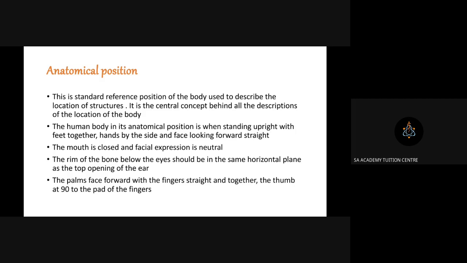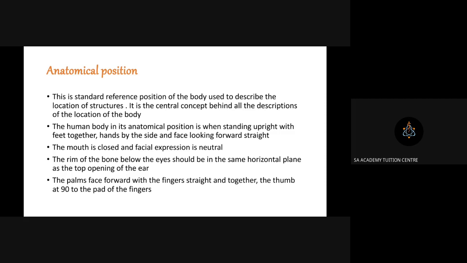The human body in its anatomical position is standing upright with feet together, hands by the side, and face looking straight forward. The mouth is closed and facial expression is neutral.